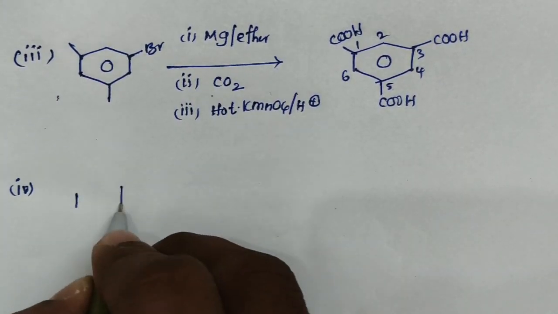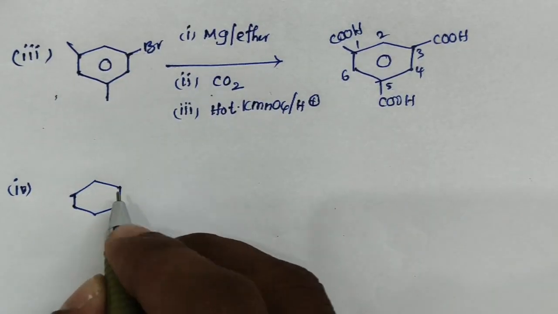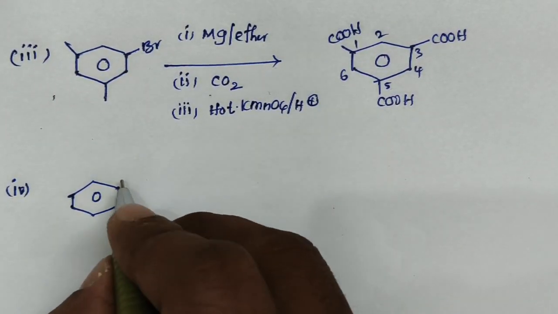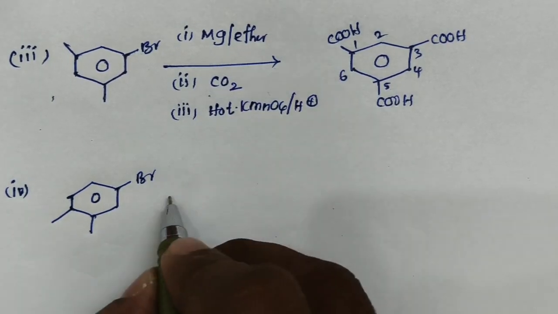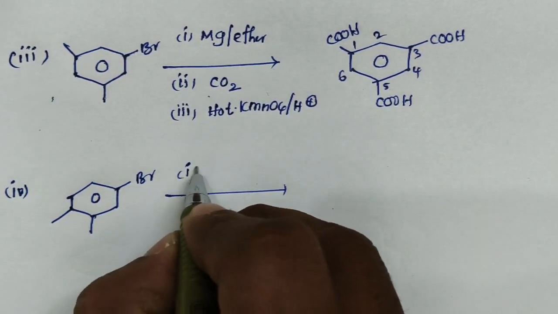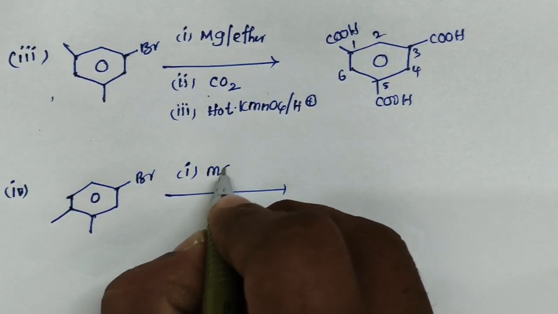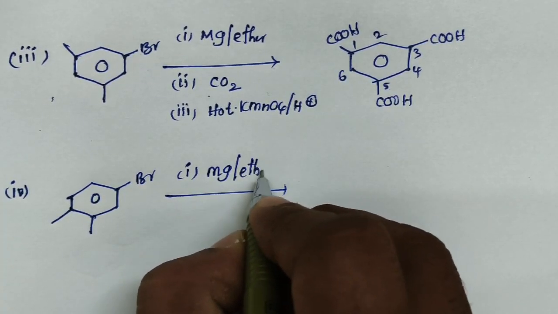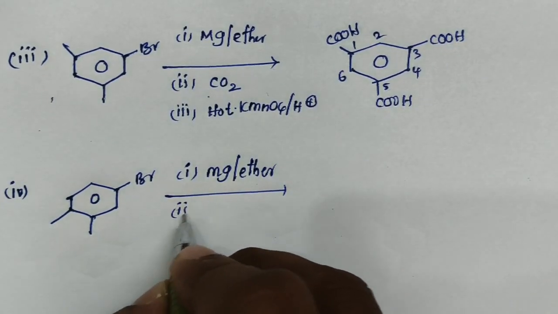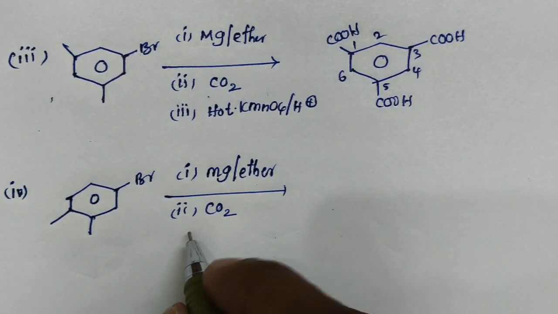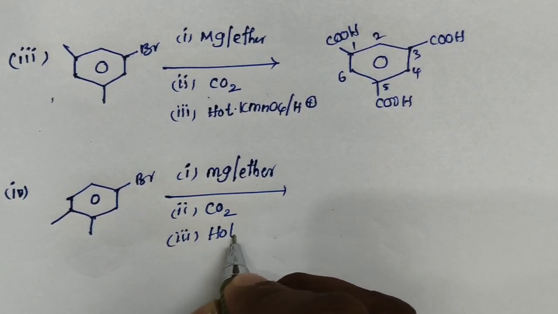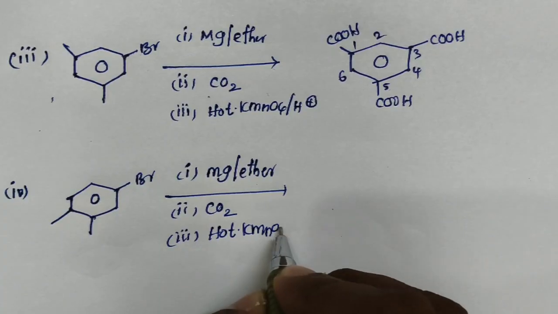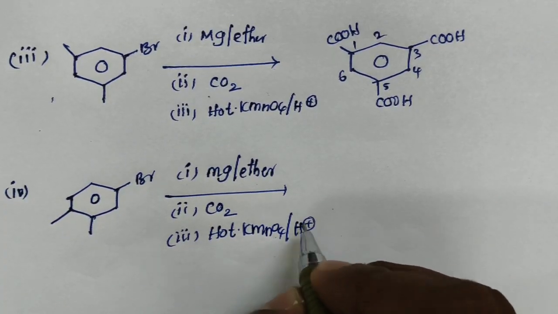The next, the fourth question. In that fourth option we can write here bromine, here 2 CH3 groups. First, magnesium in ether, second carbon dioxide, third hot KMnO4 in presence of acidic medium.